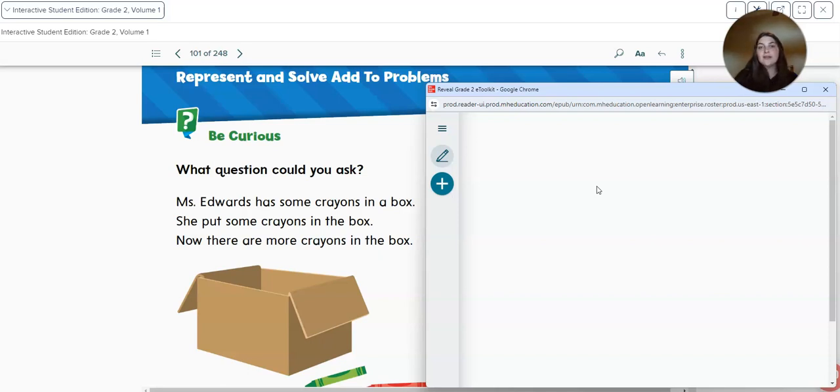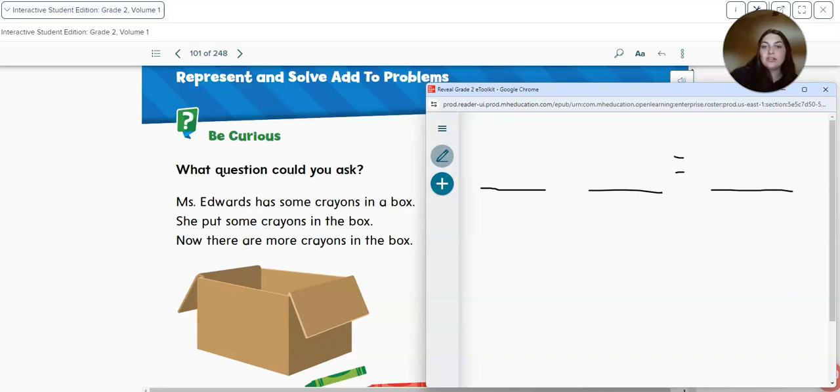So we are going to think of some possible equations, and we're just going to do two for this one. Some possible equations that represent how many crayons Miss Edwards has in the box, okay? So we know that there are some crayons, and then she put more crayons in the box. Okay, so this is what that would look like, all right?